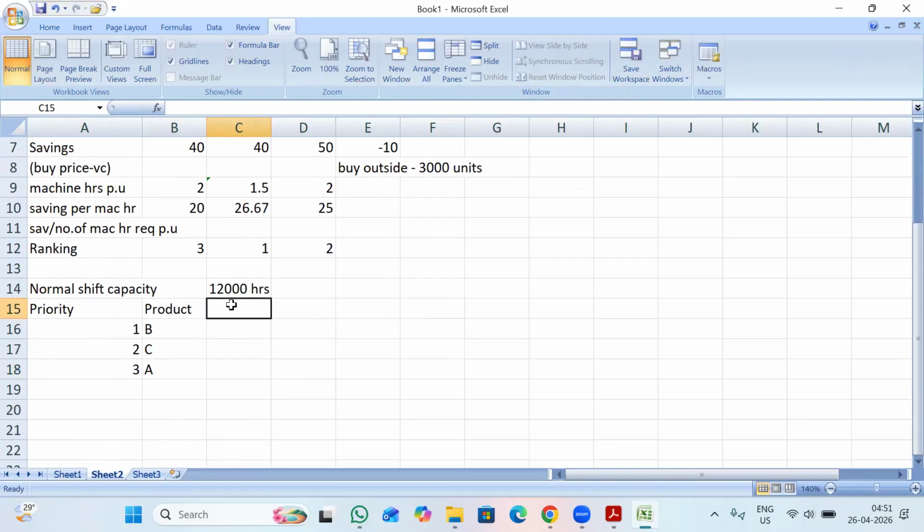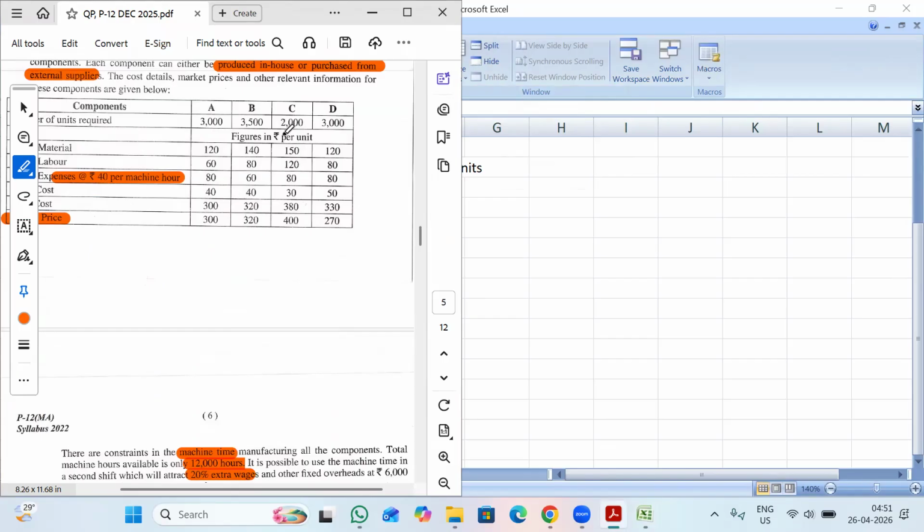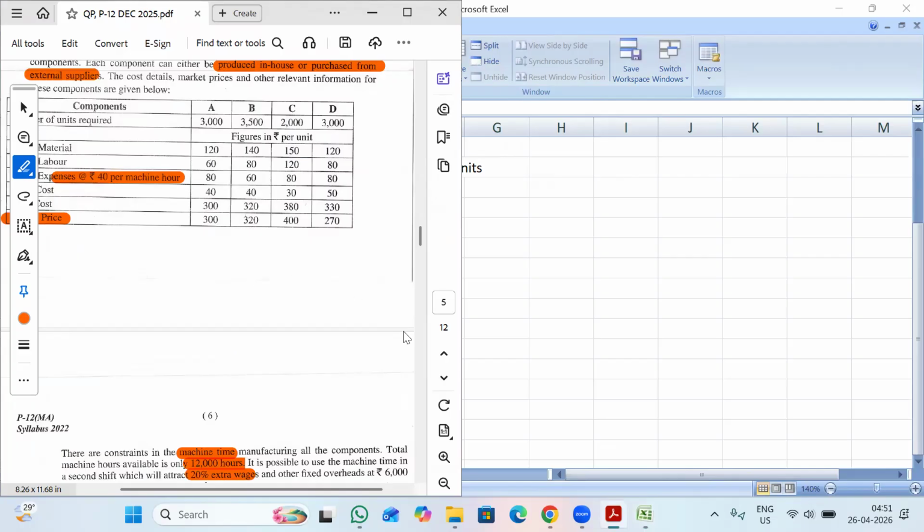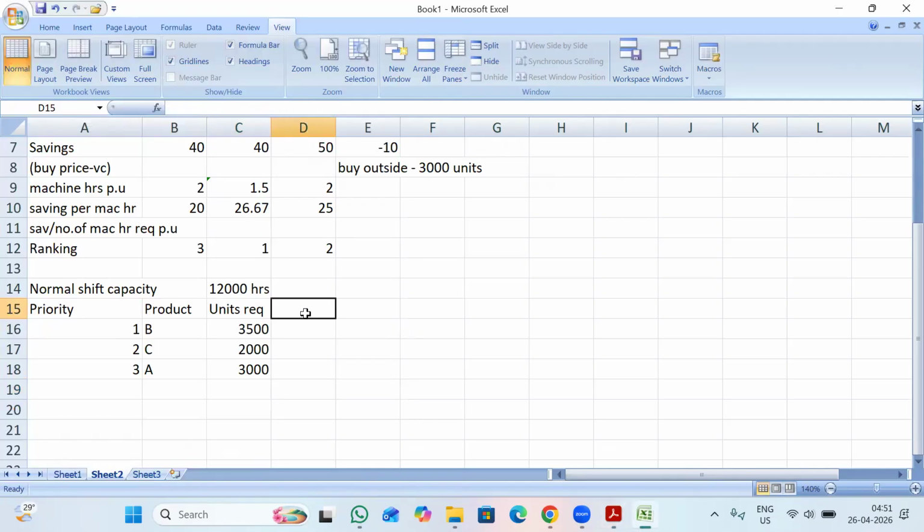So how many units are required? 3,500 of B, 2,000 and 3,000. How many machine hours per unit? For 1 unit of B I require 1.5, for C I require 2, and for A again 2 hours.